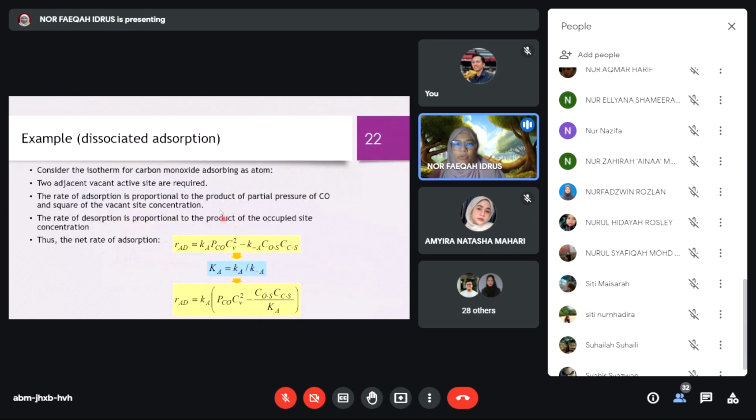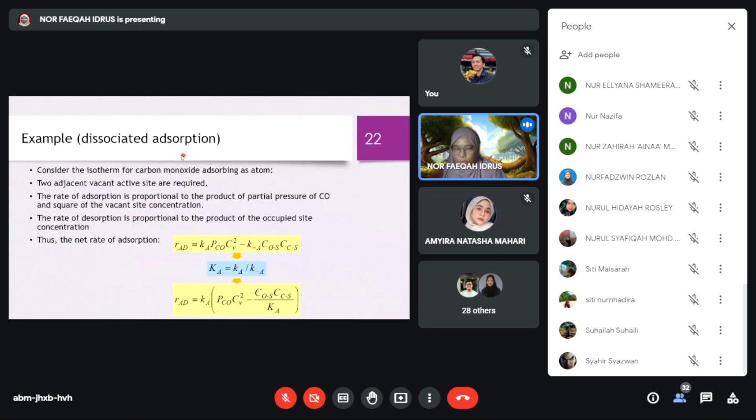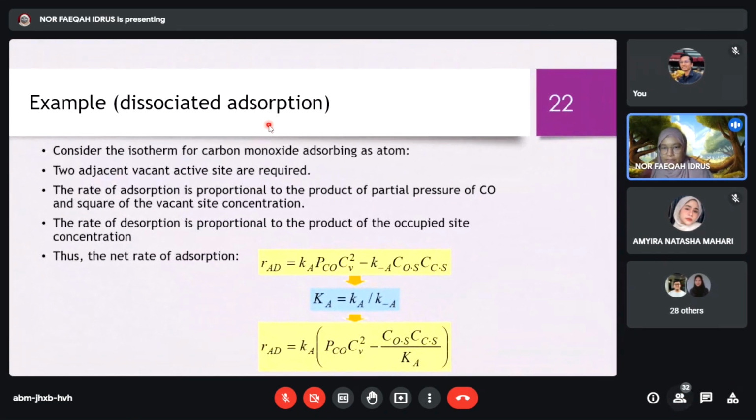Okay, right now we look at the dissociative adsorption. So the steps are still the same. For dissociative adsorption, first step we write the net rate of adsorption. So I go straight to the net rate of adsorption. The equation is the earlier one, CO plus 2S equal to C.S plus O.S. In the example in the PDF file, I wrote in a bit more detail compared to the notes.